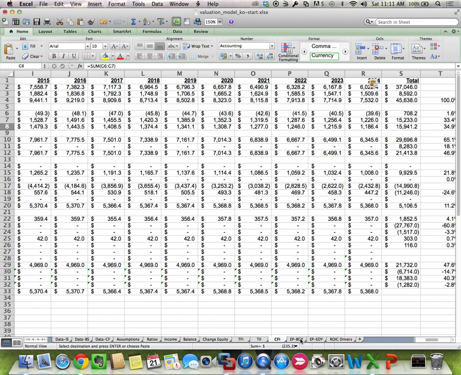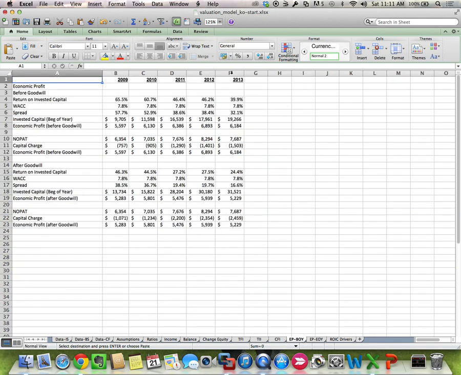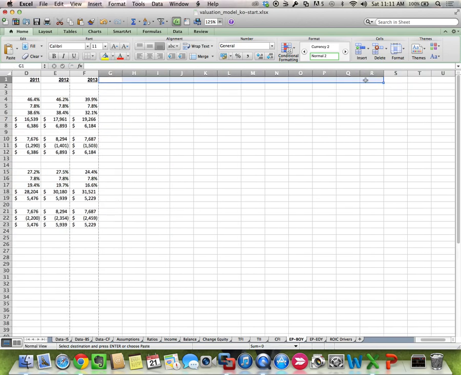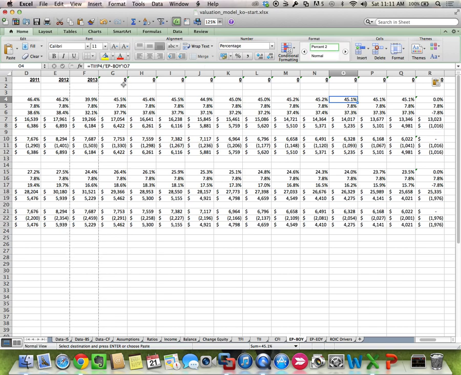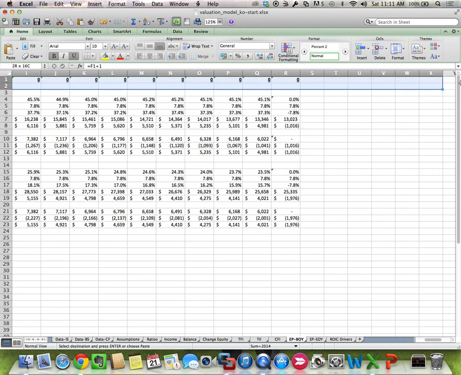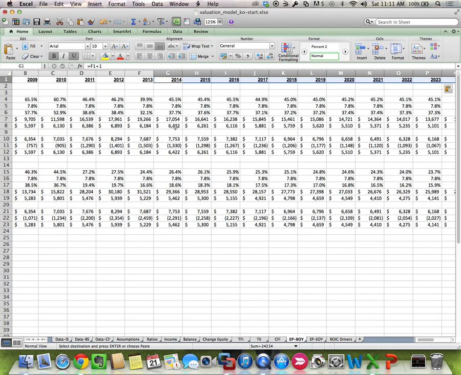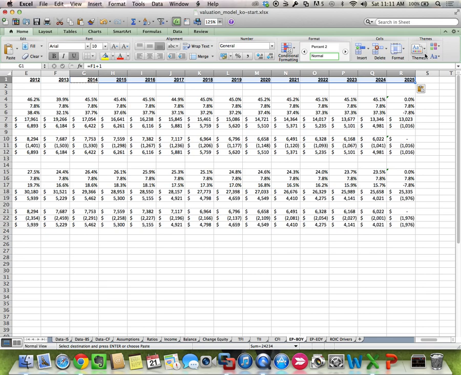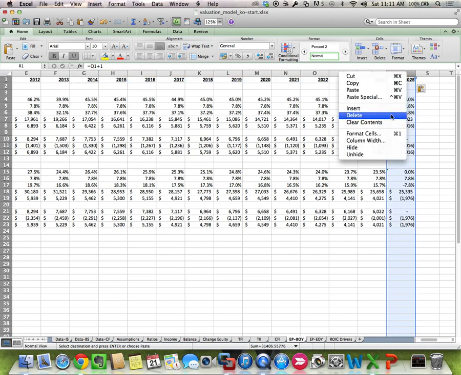I then go to the Economic Profit BOY tab. 2013, copy it, move it out to column R, paste, equal previous year plus 1, copy, paste. I now have, actually column Q, one less column in that one.